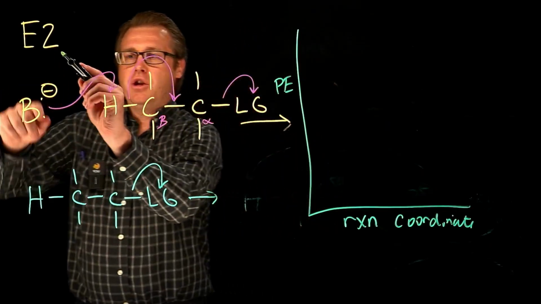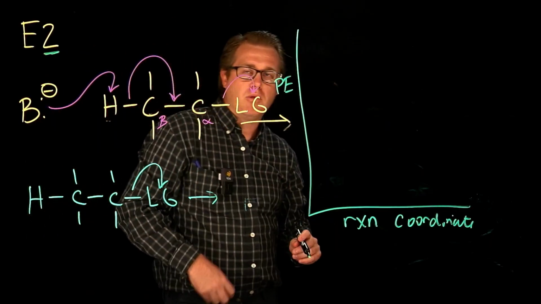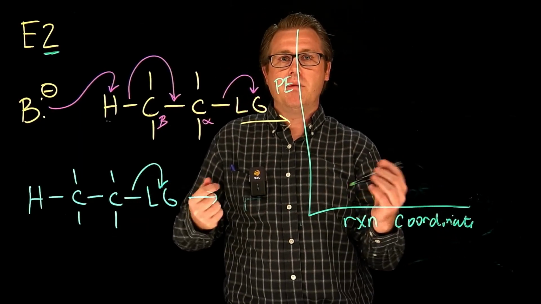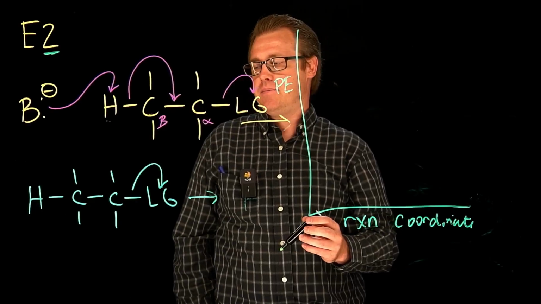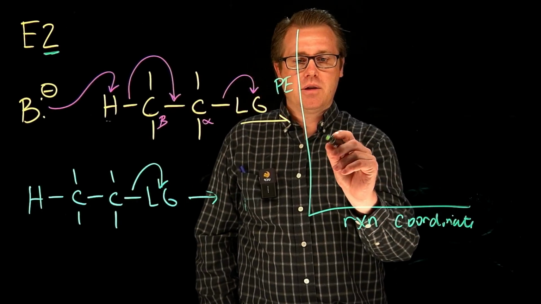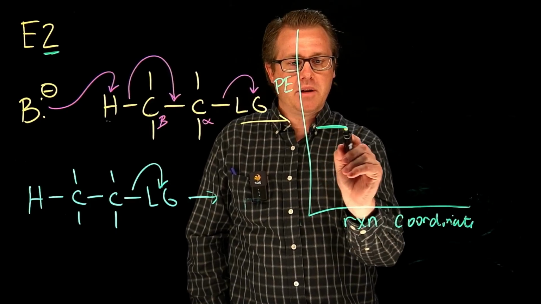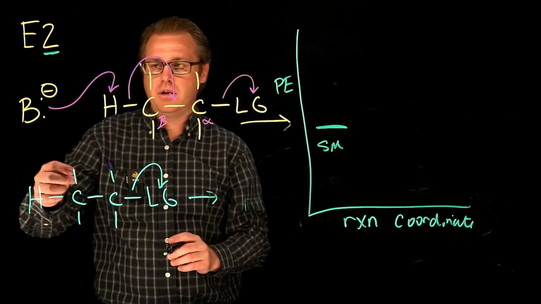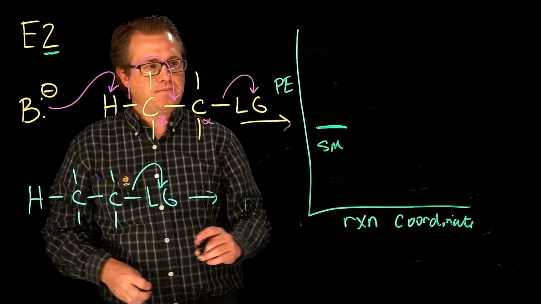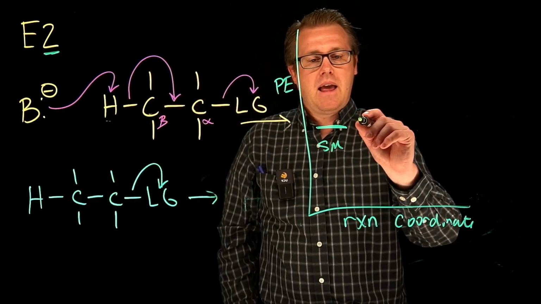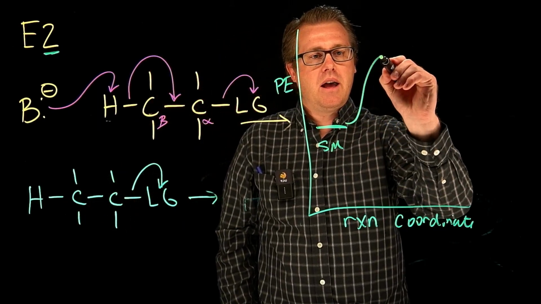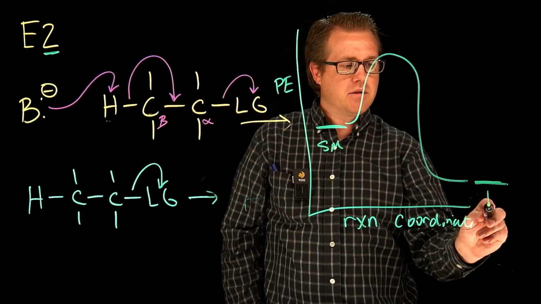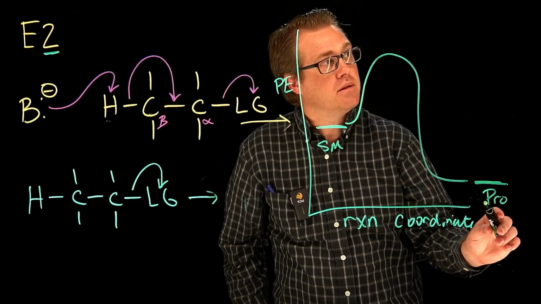So remember what the 2 means, bimolecular. So that means in the transition state, there's going to be 2 molecules coming together. Okay. And so what do we have here? This is going to be our starting material right here. So that starting material includes the substrate. Okay. And so it's going to go into a high energy state and then go to a lower energy state. And there's going to be our products.